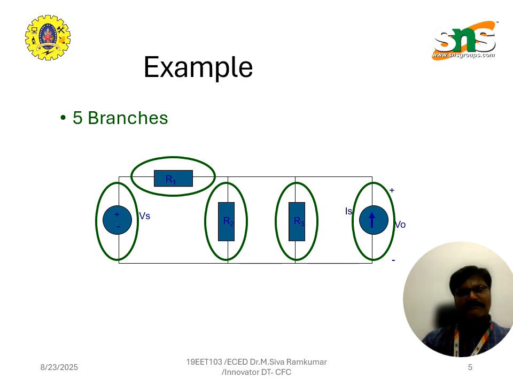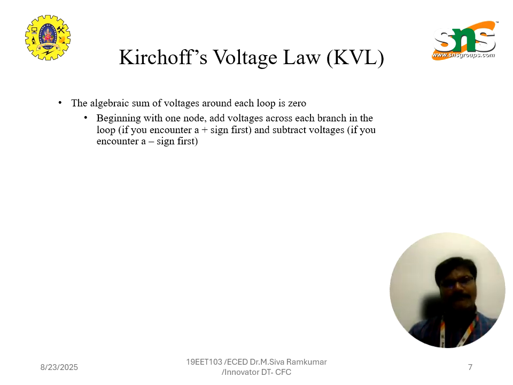Branch 2 is the resistor R1 connecting the left node to the top central node, and branch 3 is resistor R2 connecting the central node to the ground. Branch 4 is resistor R3, also connecting the central node to the ground, and branch 5 is the current source IS connecting the central node to the ground with an output V0. So in total, the circuit has five branches.